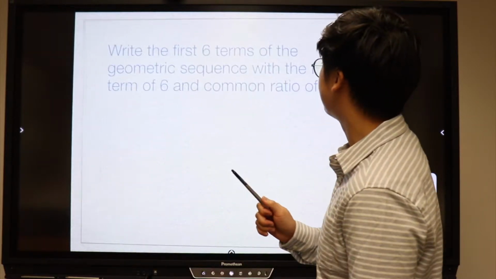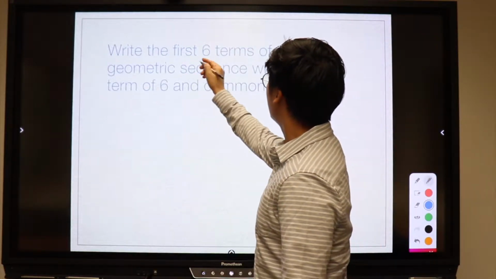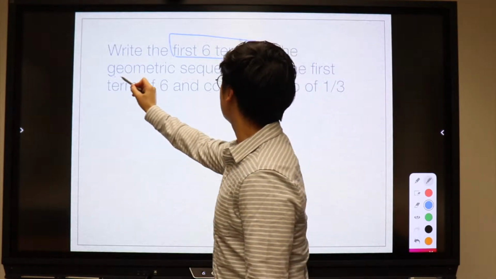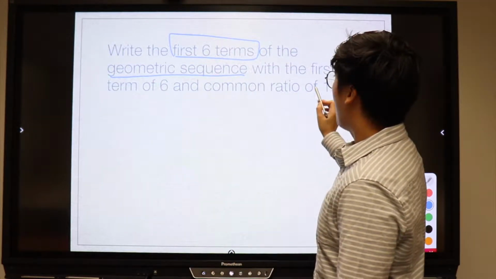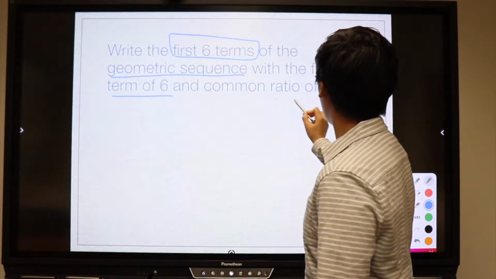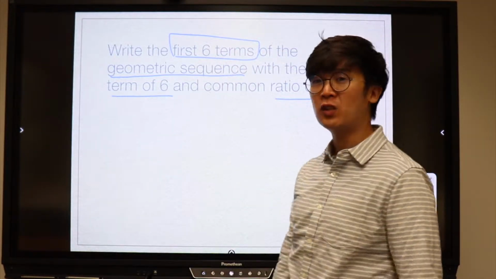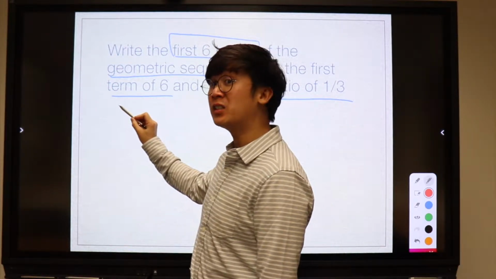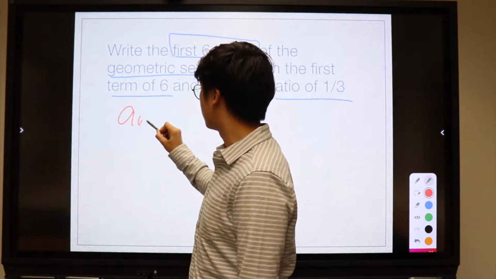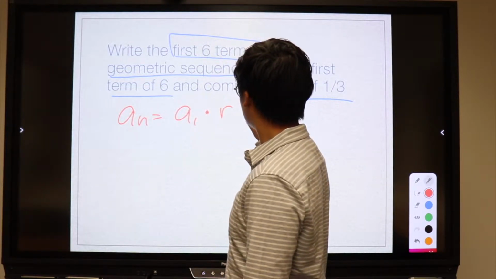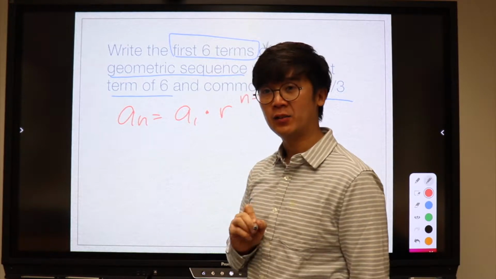First problem. Write the first 6 terms of the geometric sequence with the first term of 6 and a common ratio of 1/3. So first, let's write the formula for a geometric sequence. What's the formula? a_n equals a_1 times r^(n-1).